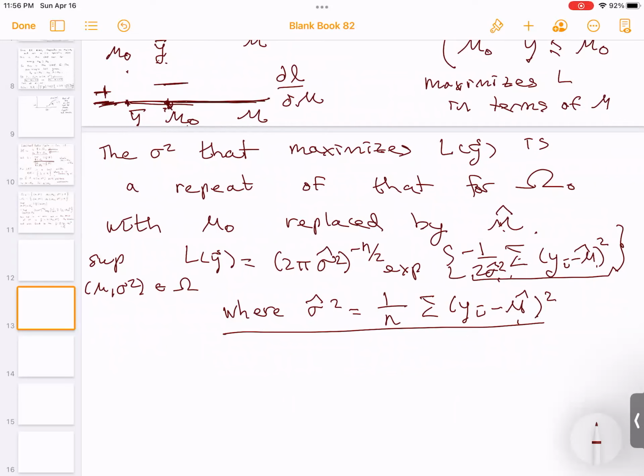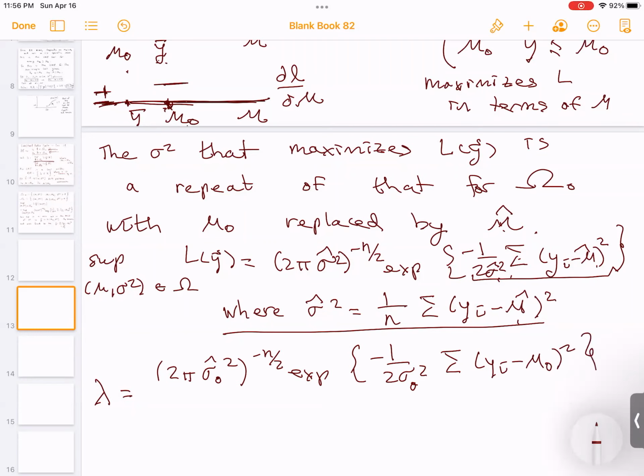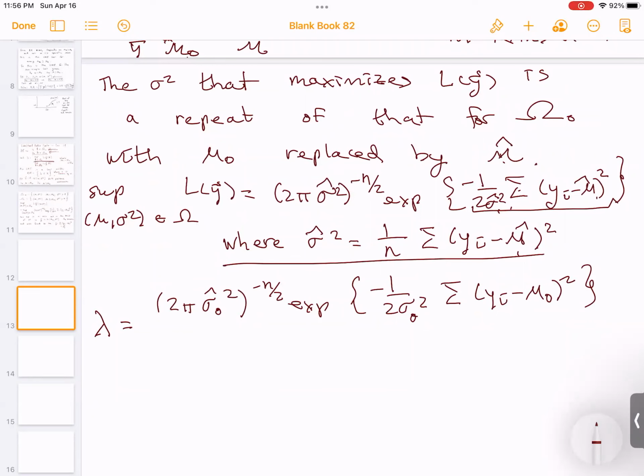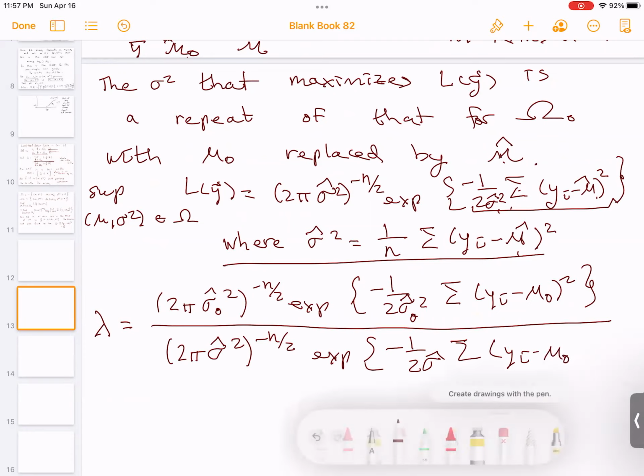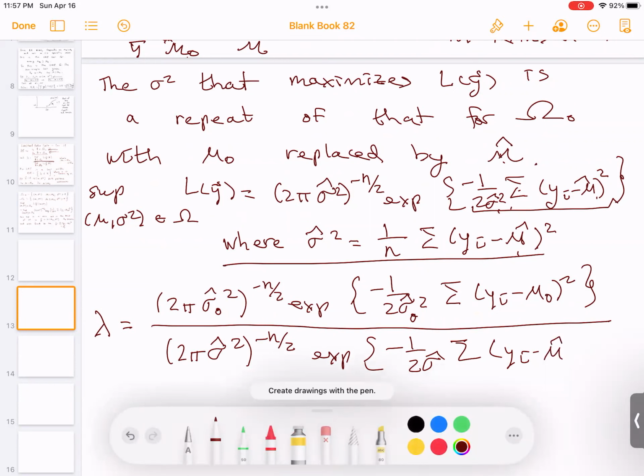We have lambda is equal to, in the numerator, 2 pi sigma 0 hat squared to the minus n over 2 times exp, divided by, where those are defined above, I already took the sups now, 2 pi sigma hat squared to the minus n over 2 times exp of minus 1 over 2 sigma hat squared, there should be a hat here, sum of yi minus mu 0, not mu 0, mu hat, squared.